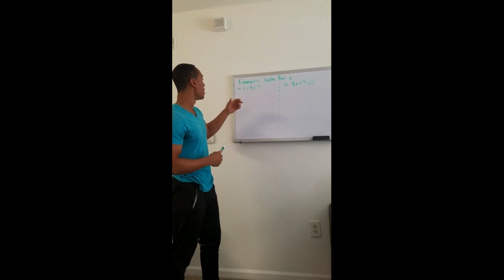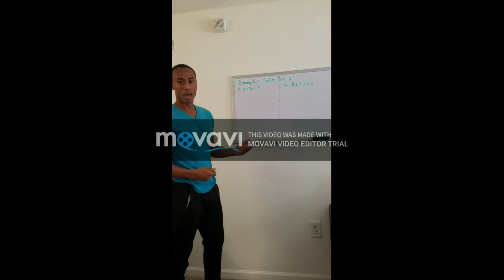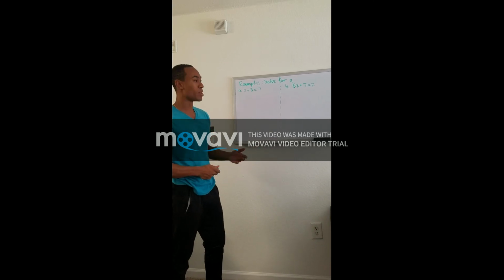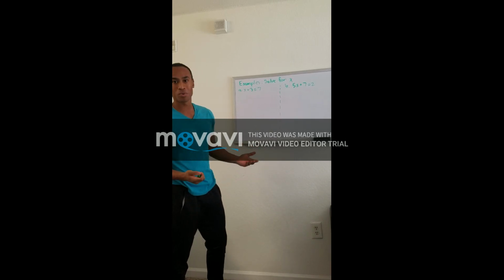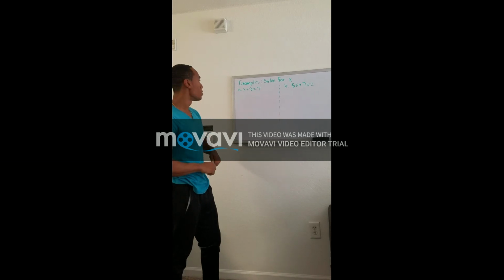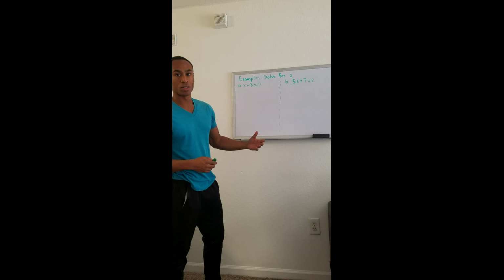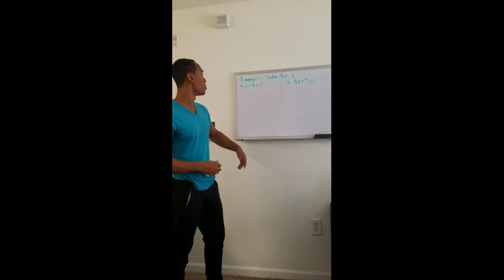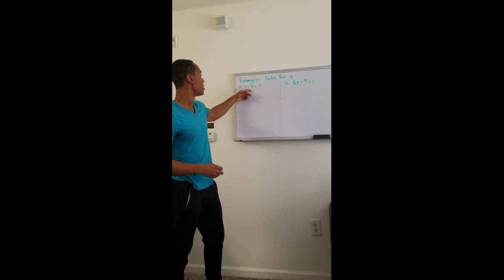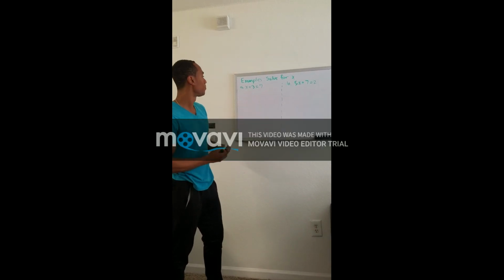So, how to solve an equation. You have to get x by itself. The big picture, you can only see the big picture when you isolate x. So, what we're going to do is do the reverse operation to get x by itself. So, for example, x is being added to 3, so we're going to subtract 3 on both sides.